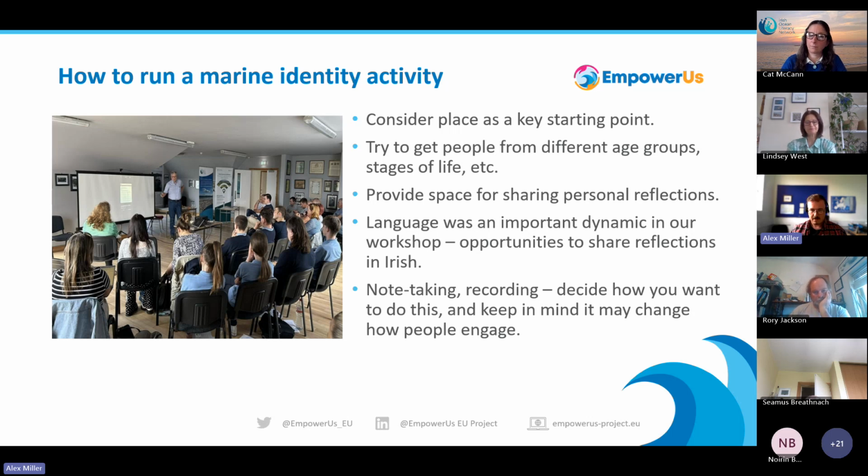And many of them, I should mention that one of the things that we requested participants do is bring in some kind of tangible item or artifact to demonstrate their sense of marine identity. Some people brought in physical items, some people brought in photos, and some people just told stories, and all of those were fantastic. But a lot of the transition year students actually brought in physical items in order to describe and explain their connection with the ocean.